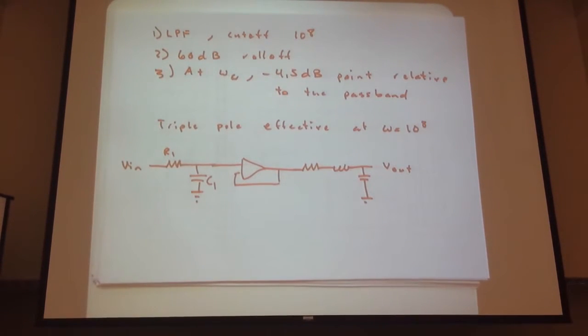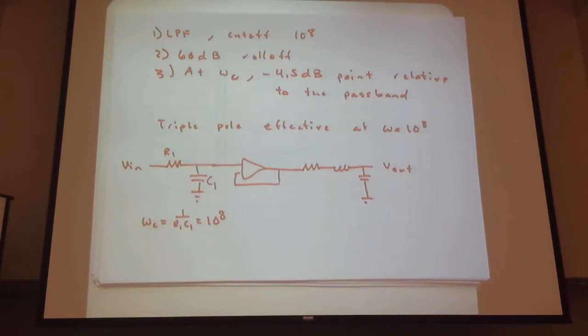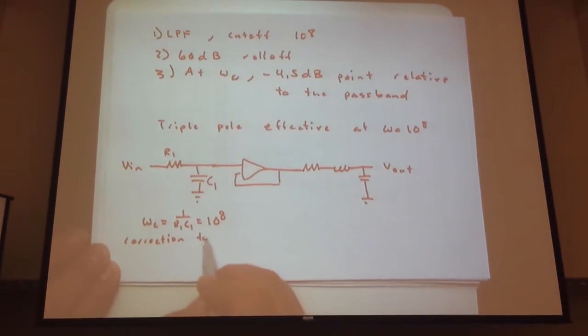But what are our defining equations now? Well, omega C of this guy, 1 over R1 C1, is still 10 to the 8. It hasn't changed. That pole has to be there, that's a real pole. And what is that going to give us in terms of our corrections to our straight line approximation? What does this contribute?